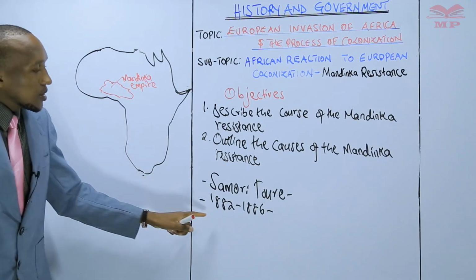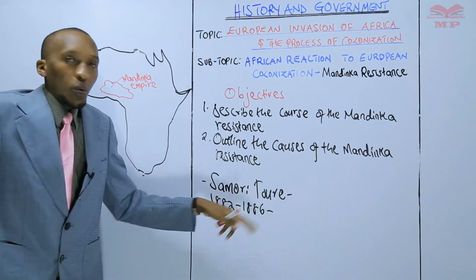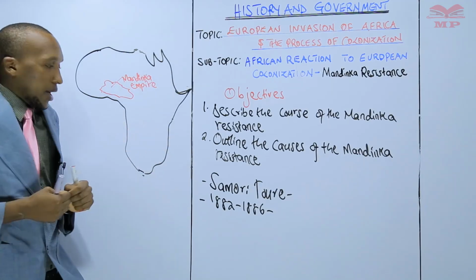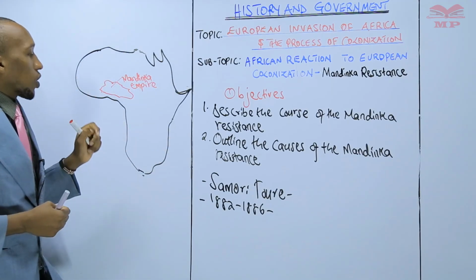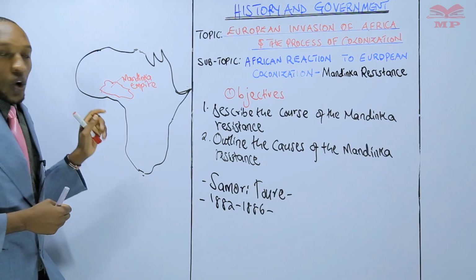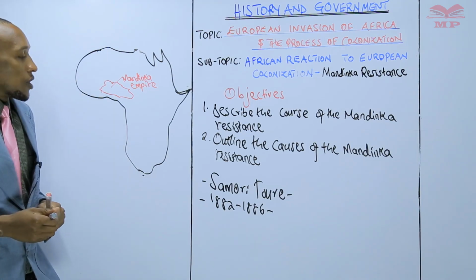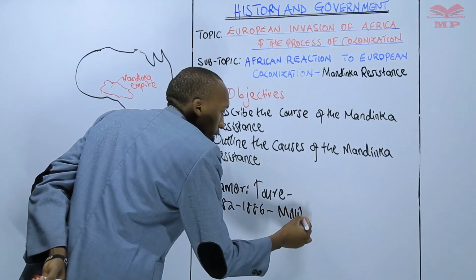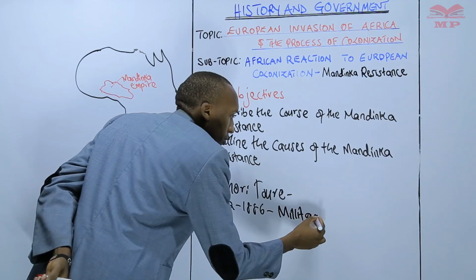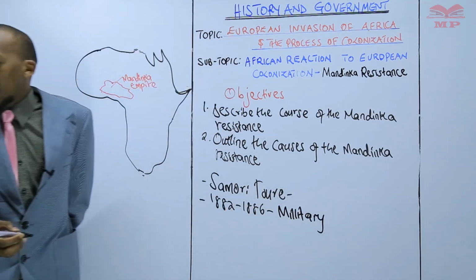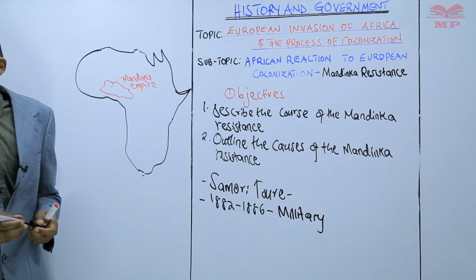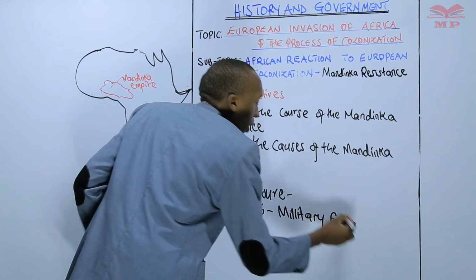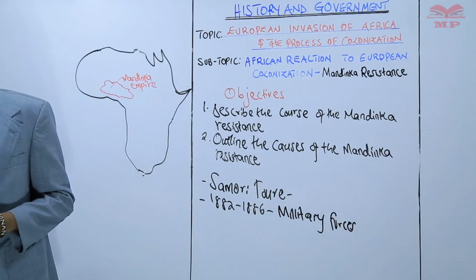So at this period, when Samori Toure was enhancing his empire, the French came in and also wanted to take over this empire. At this period, there was a lot of military acquisition. They organized military forces, but there were no physical confrontations.